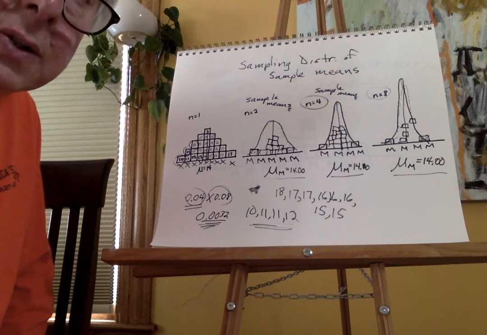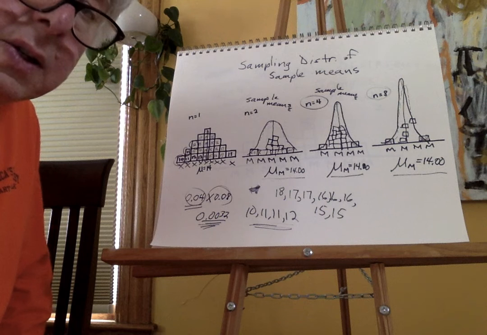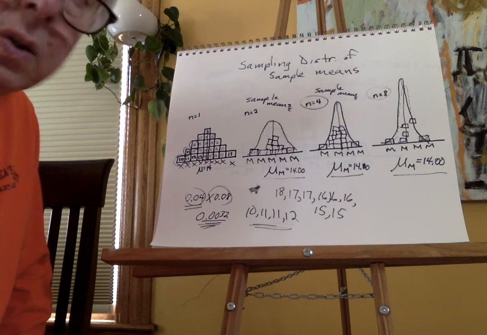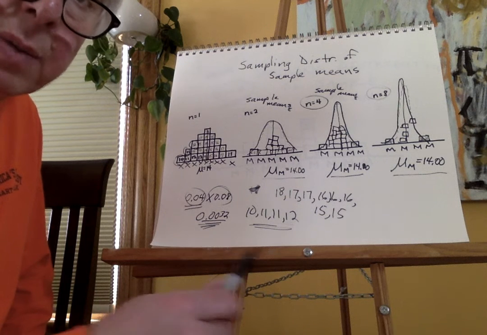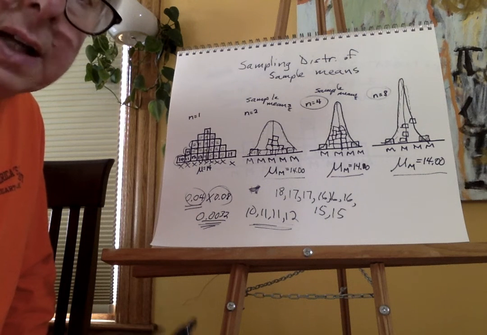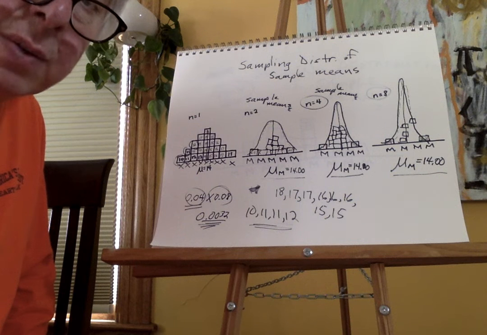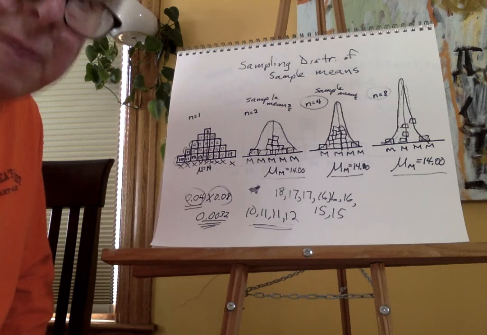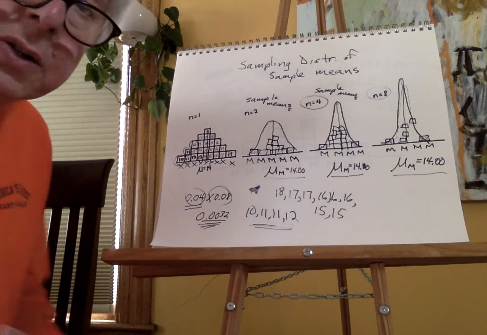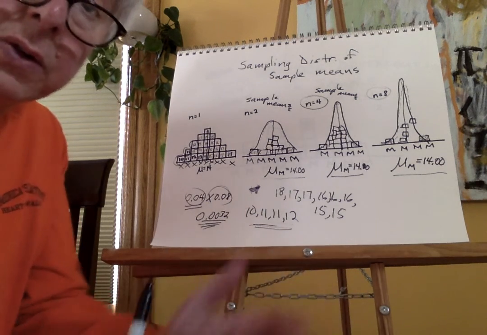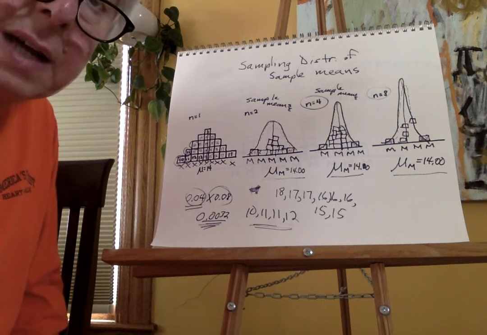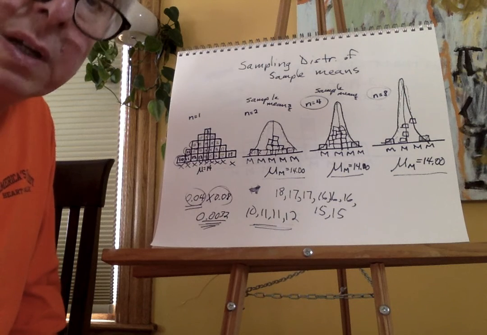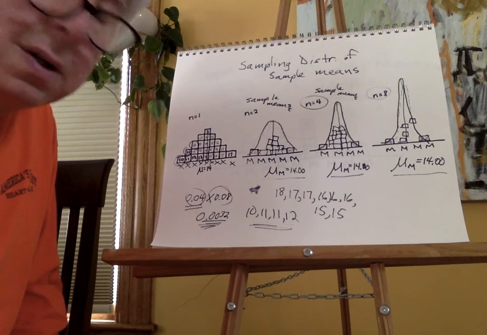And the pattern is, as we increase the size of our samples, what's happening to the standard deviation of the sampling distributions? As we increase the size of our samples, what's happening to the standard deviation, to the variability of these curves? Take it slow.